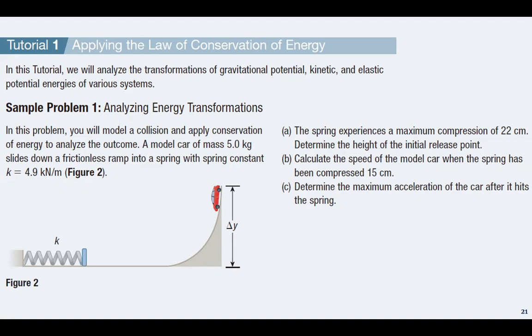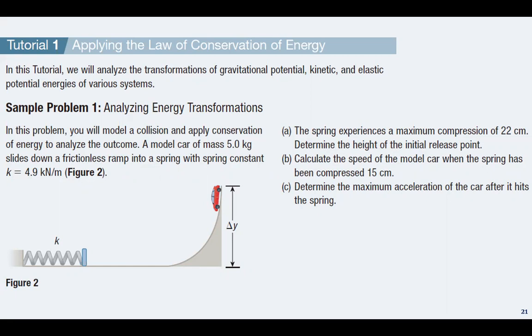So here, a model car of mass 5.0 kilograms slides down a frictionless ramp into a spring with spring constant k equals 4.9 kilonewtons per meter, as shown here in figure 2.